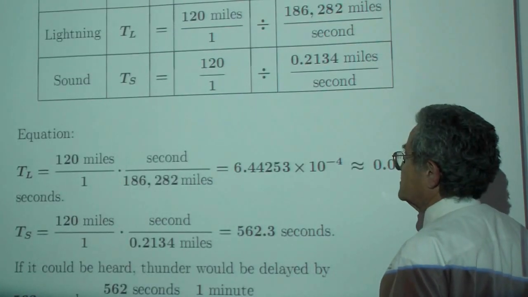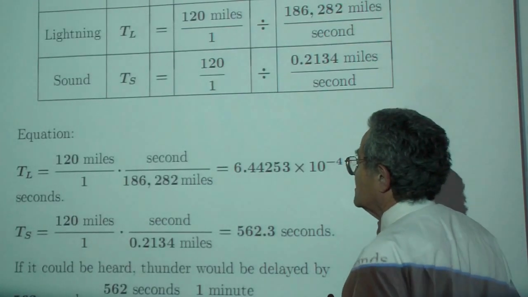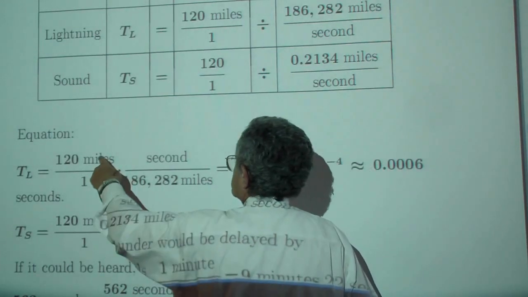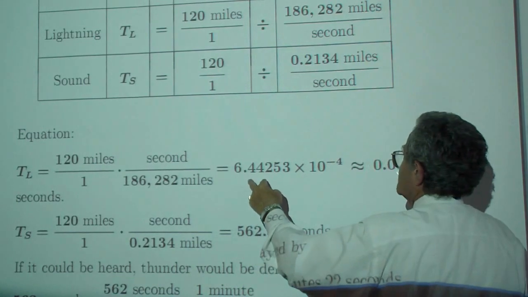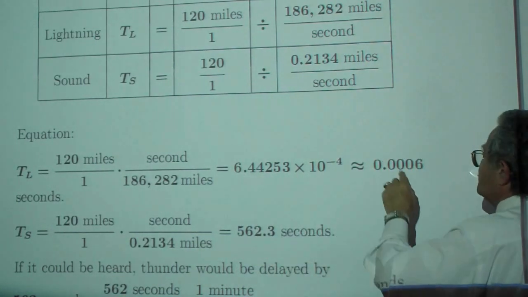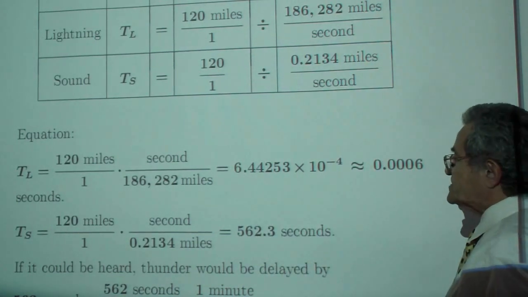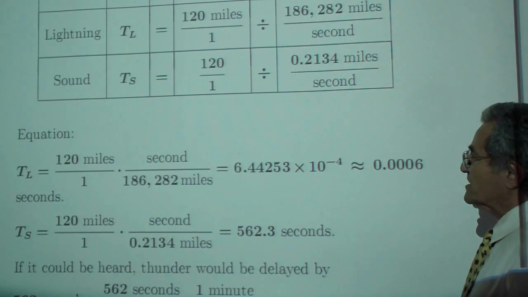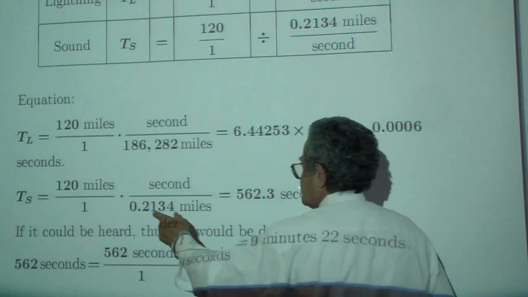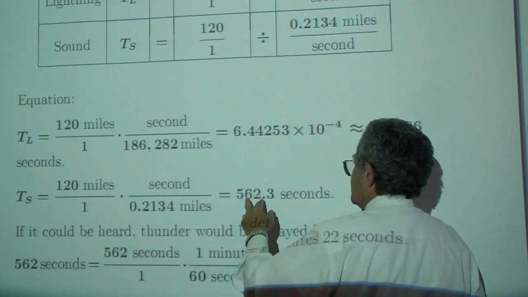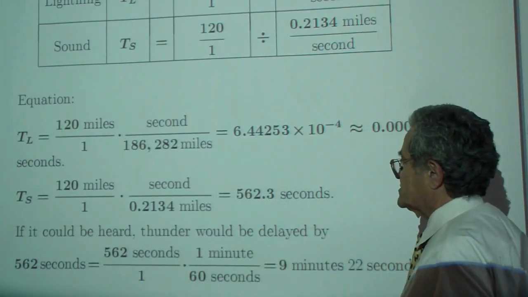The time for the lightning is miles over miles per second, which gives you about 6 times 10 to the negative 4, 0.0006 seconds. Okay? And the time for the sound is, we use the other number, miles per second, 562 seconds.